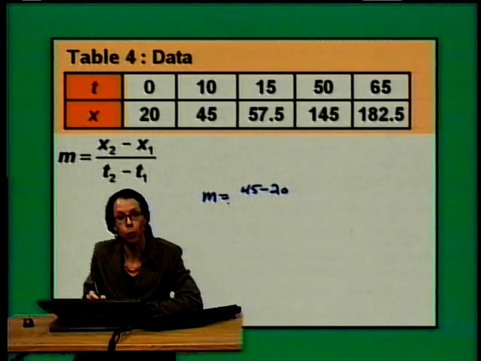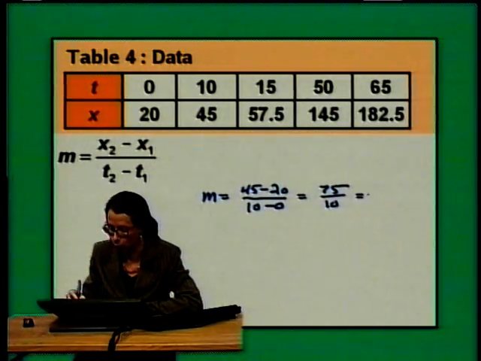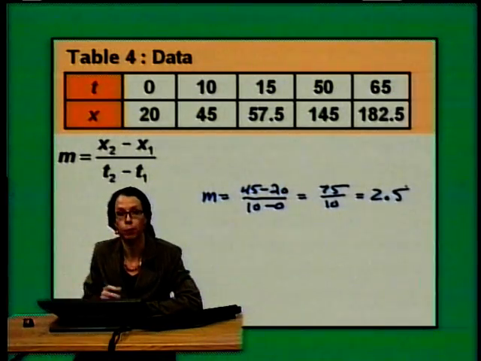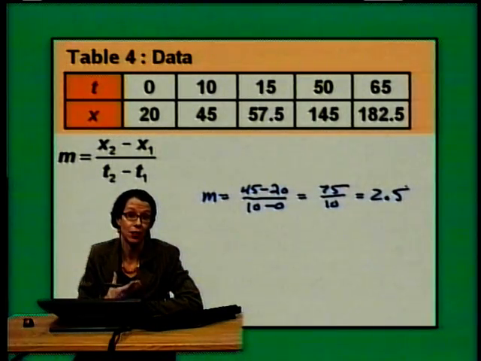So my slope is 45 minus 20 over 10 minus 0, which is 25 over 10, or 2.5. When I choose other pairs of points, I want to make sure that I get a slope of 2.5.